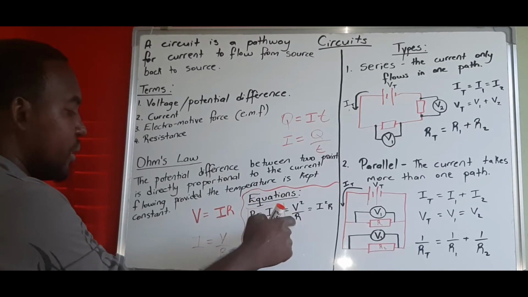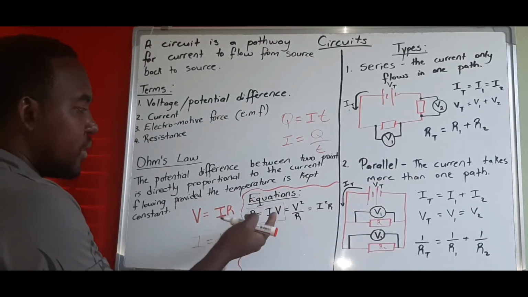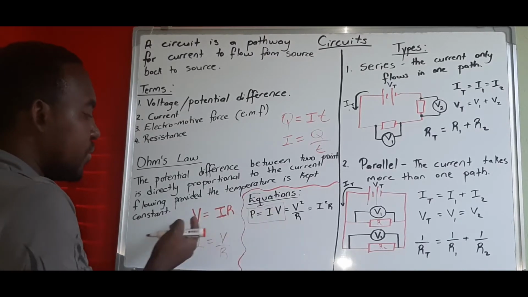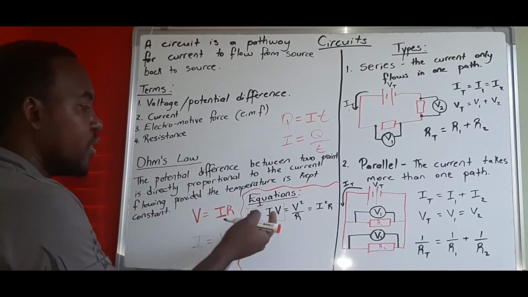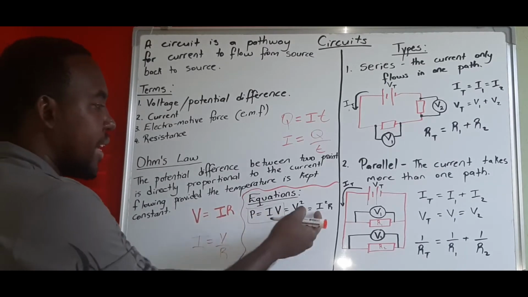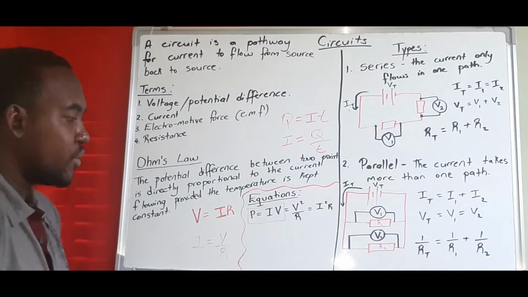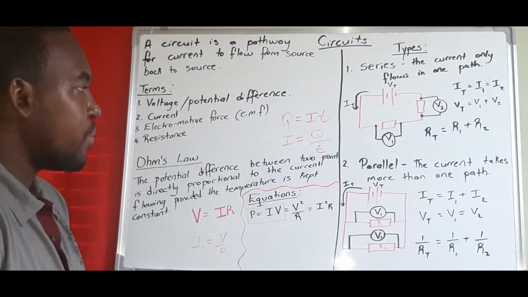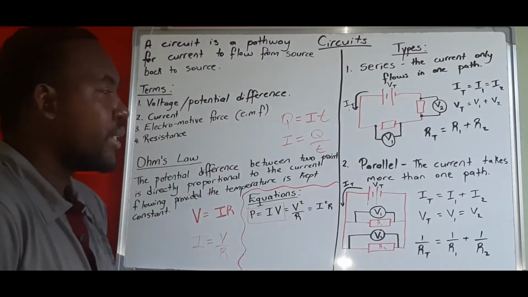All right, so we get this one. And instead of substituting current, we can substitute V, because V is equal to IR. So it would be I times IR, which is I squared R. Right? So you just need to remember Ohm's law, so you can substitute to get those depending on what you got for your question.